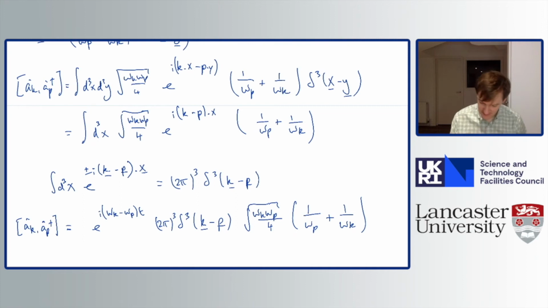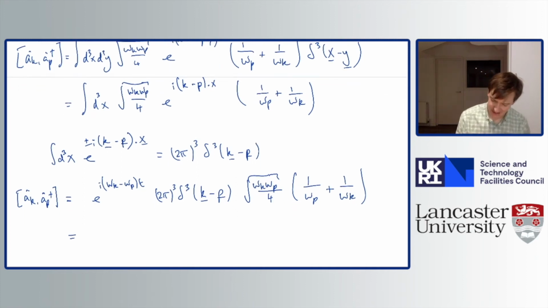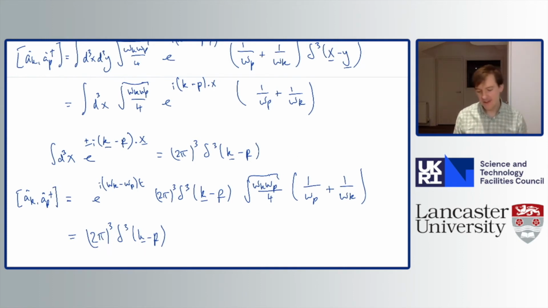Okay, so this kind of looks like a nice expression. Naively, you might have thought that the commutator is just going to end up with some delta function normalization. We've got the delta function, but we have all this other stuff as well, right? We've got the exponential factor.